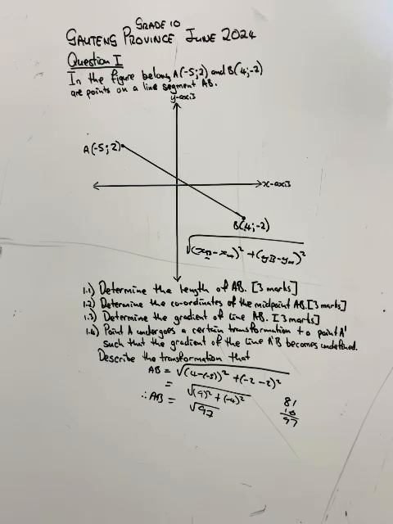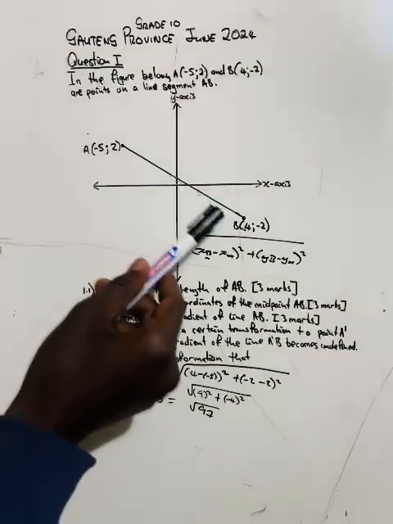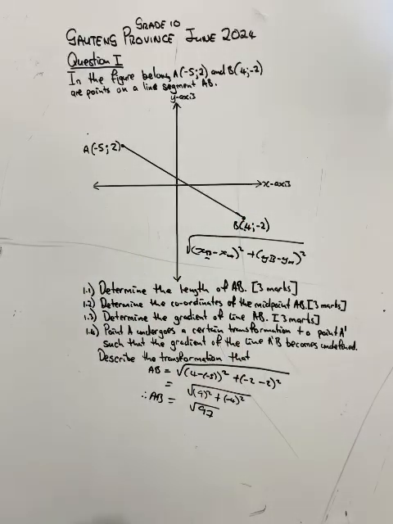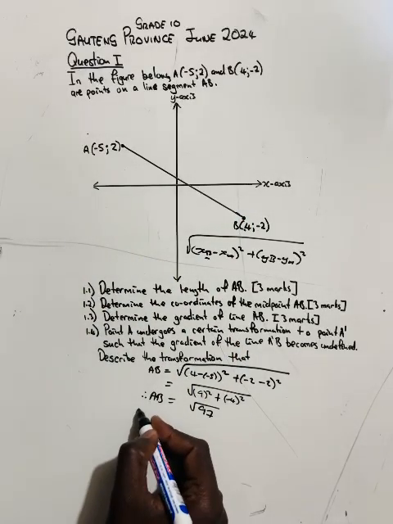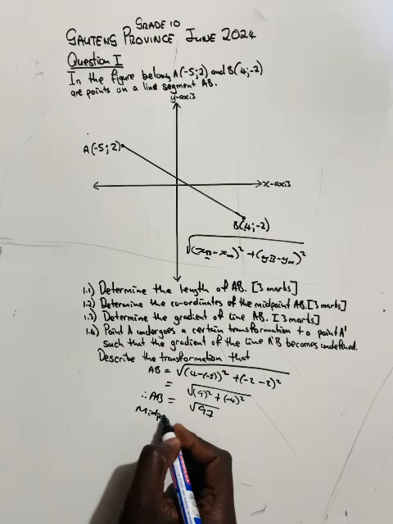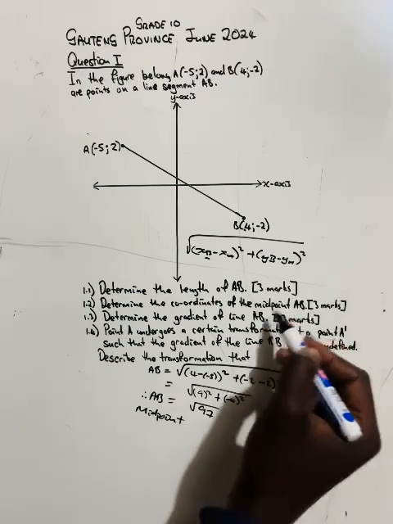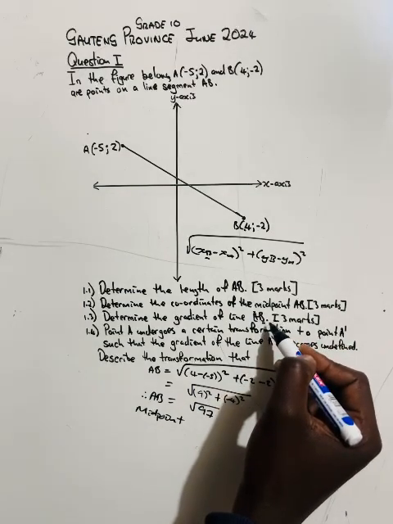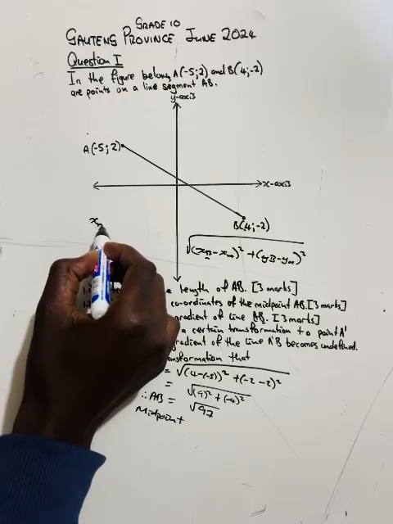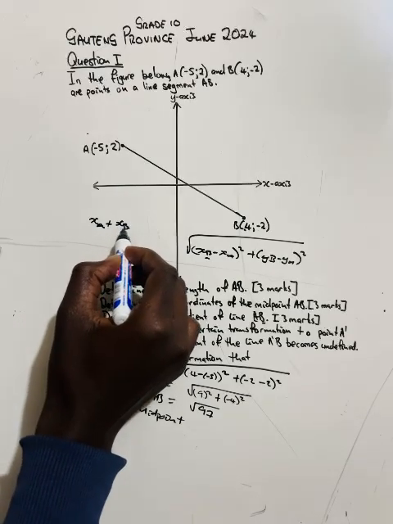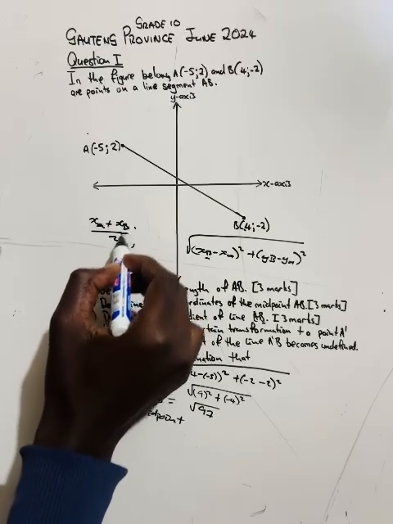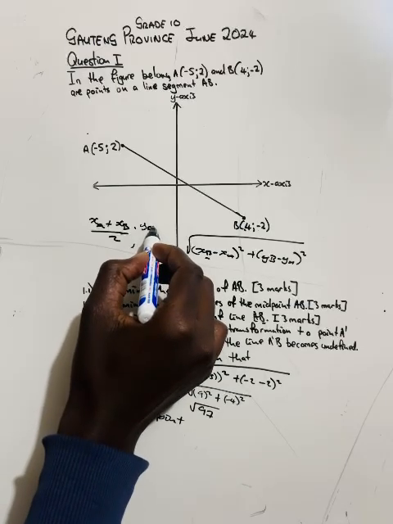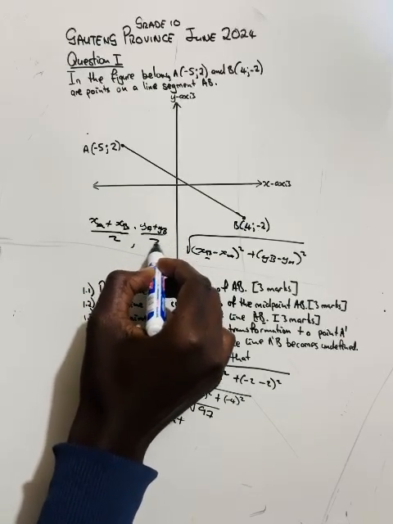And then from there, we go to question 1.2, where they say determine the coordinates of the midpoint of line AB. So we need to know the middle point of this line AB. When you want a midpoint, you simply use the midpoint formula. Because we are using point A and point B, we say XA plus XB divided by 2, semicolon, YA plus YB divided by 2.